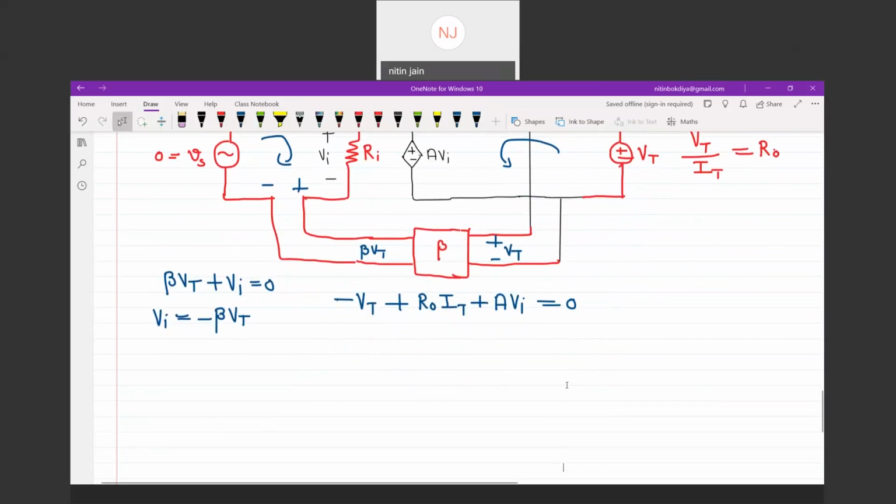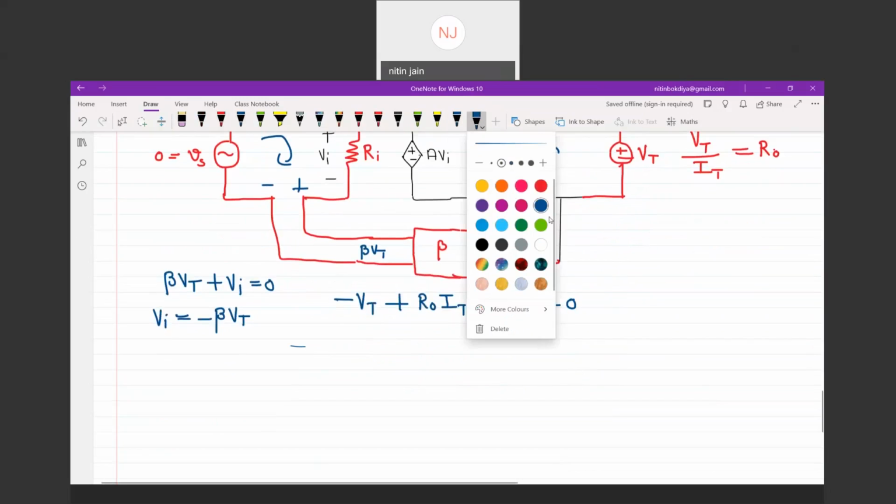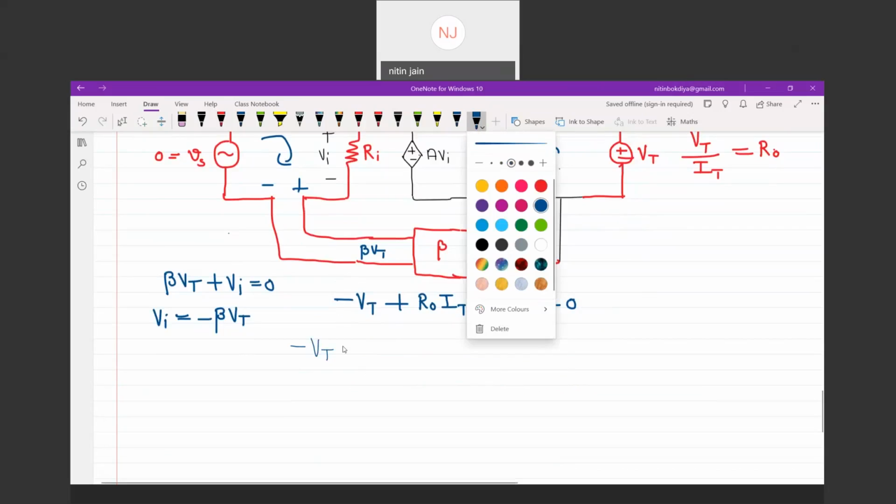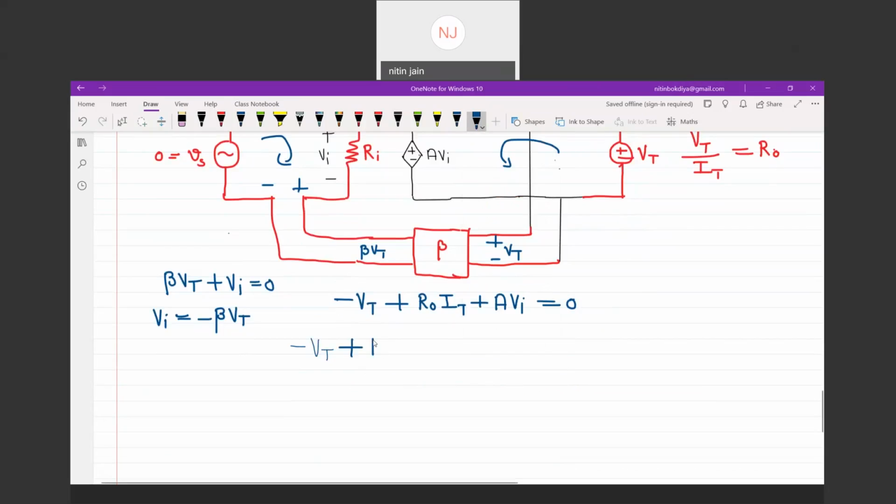Now what I can say, only one term is not having Vi, so I can say Vi can be written as minus beta into VT. So minus of VT plus RO into IT plus A times of minus beta into VT is equivalent to 0.